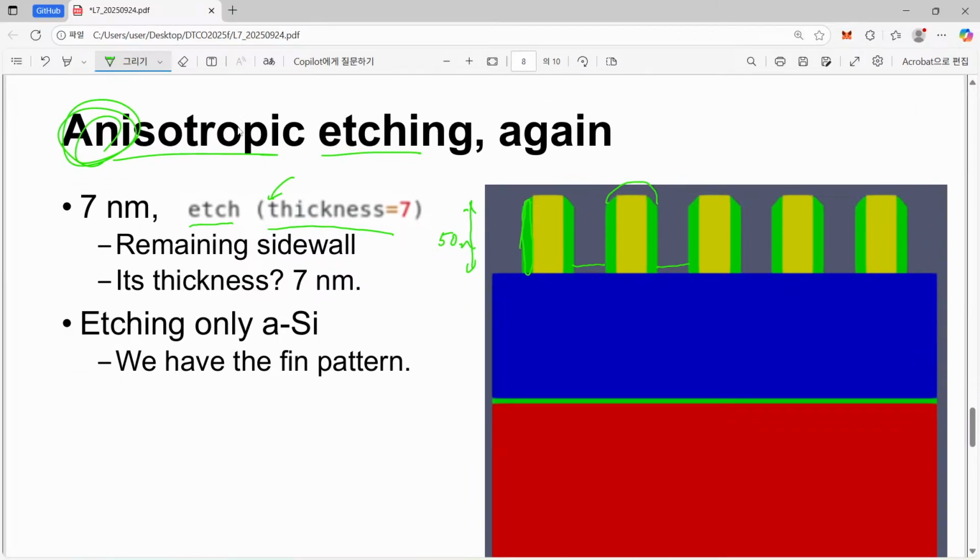So simply speaking, we have the remaining sidewall, and this remaining sidewall is actually used as the pattern for the fin. They have the thickness of 7, and their spacing is defined by 20, the original thickness of our drawn pattern. So that's the reason why we intentionally select this way to 27.